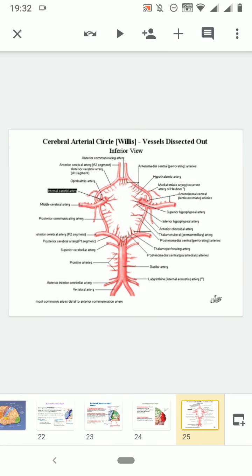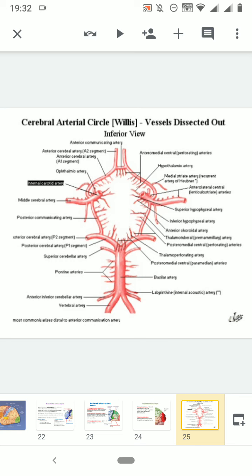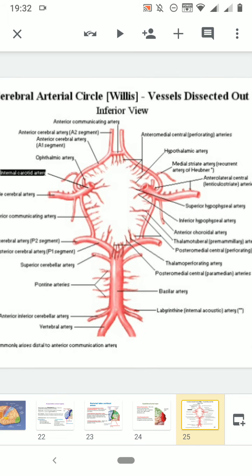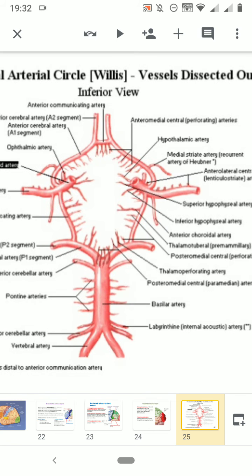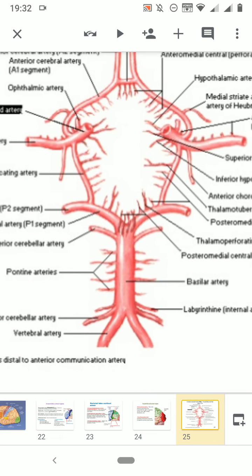Yes, so now we are coming to the blood supply of the cerebrum. Now the blood supply of the cerebrum is very important, and you have to understand this master diagram. This is showing the anterior circulation and the posterior circulation of the entire brain. Already you know some of the vessels over here. In the posterior circulation we have talked about the vertebral artery, the branches of the vertebral artery which supply the medulla oblongata.